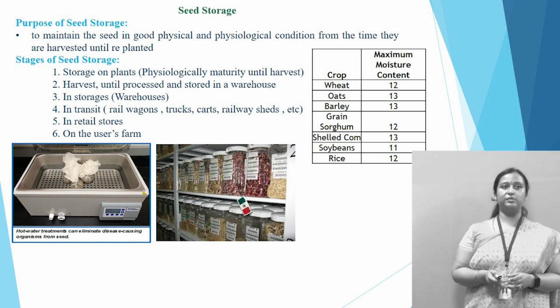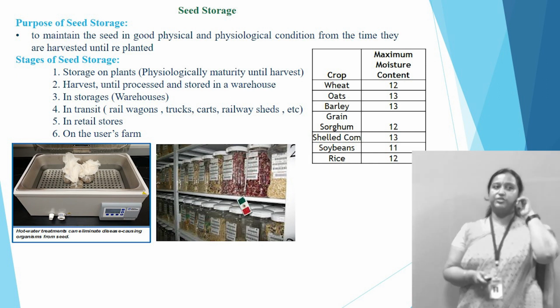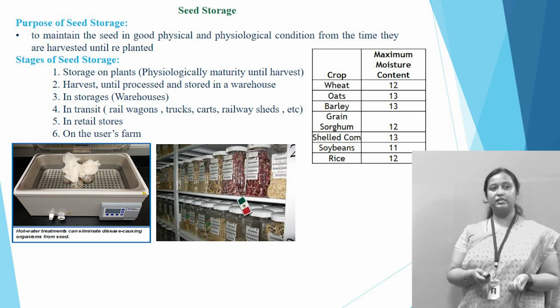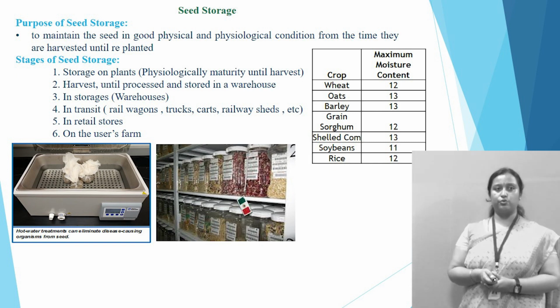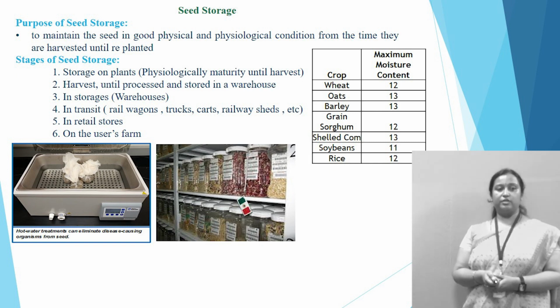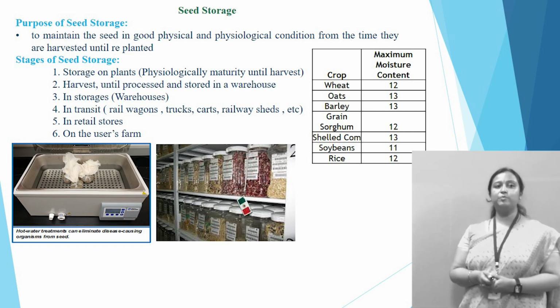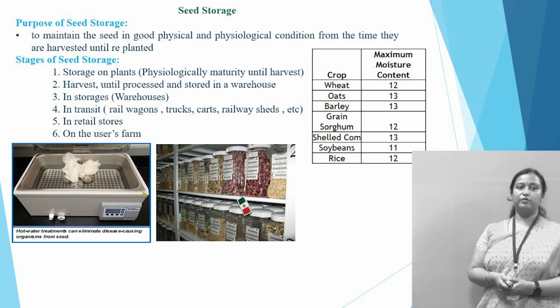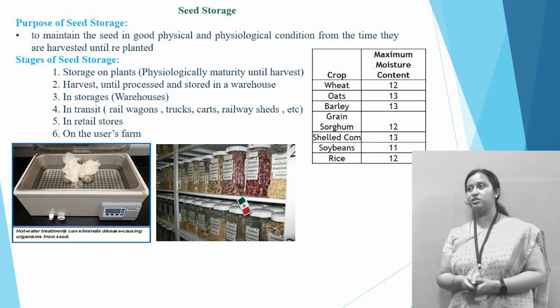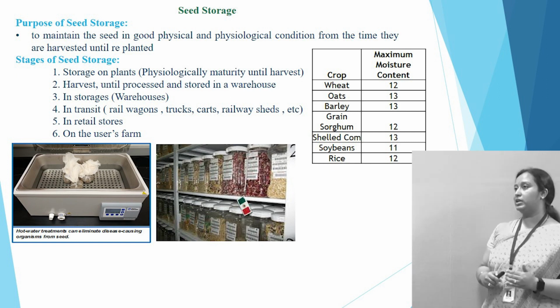In this first picture, you can see the seeds are treated with hot water, and in the second, you can see airtight glass jars are used to store the seed. In the last picture, a table, you can see the crops and the maximum moisture content you have to maintain to store the crop. For example, wheat requires 12% moisture content. Less than 12 may harm the seed.